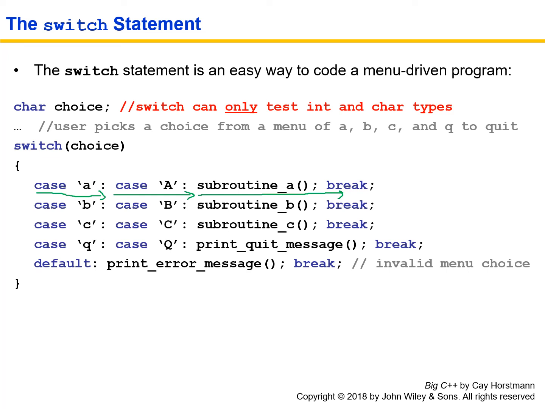Well, it's going to come down here, skip right through, but it's going to get caught by case capital C, and then it's going to play through that line of code until it hits the break. There's no reason that you have to put these all in one line of code. A case can have several lines of code. As long as it ends in a break, you're okay.